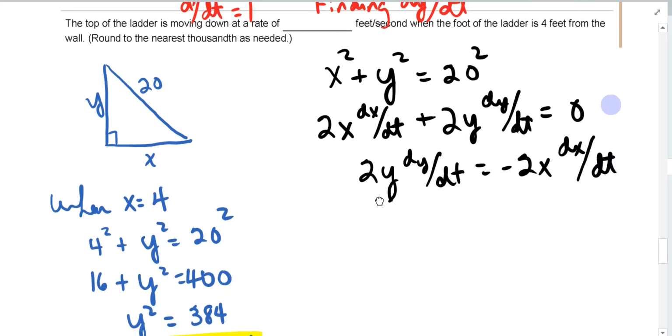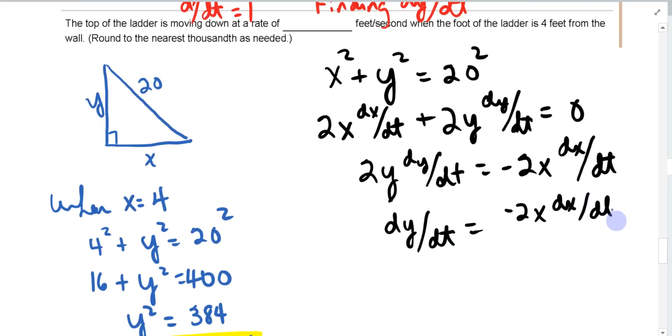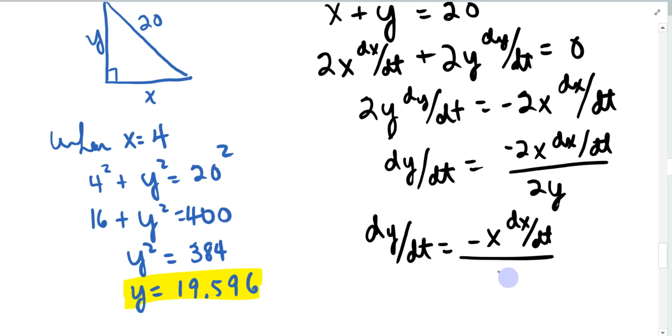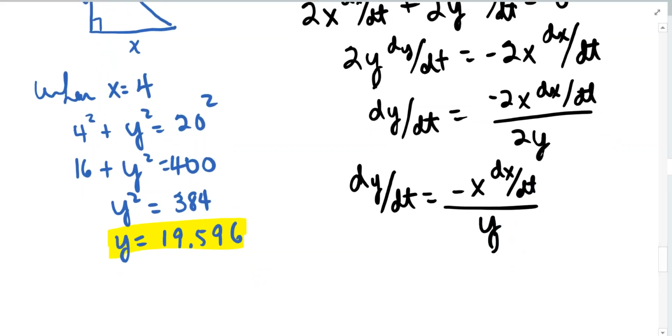Okay? Divide by your 2y. So dy/dt equals negative 2x dx/dt over 2y. I can simplify that a little bit and say dy/dt equals negative x dx/dt over y. And now we're ready to plug in.